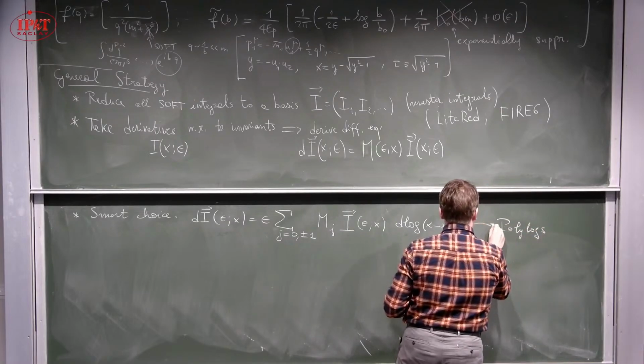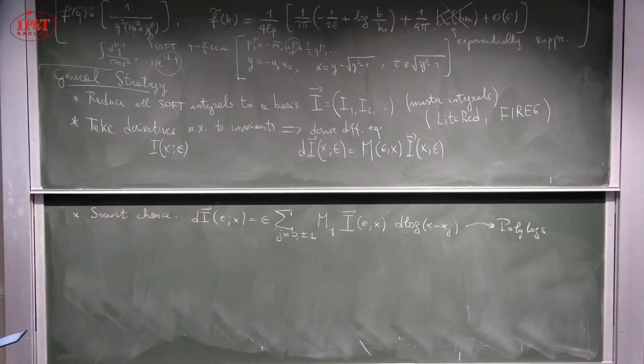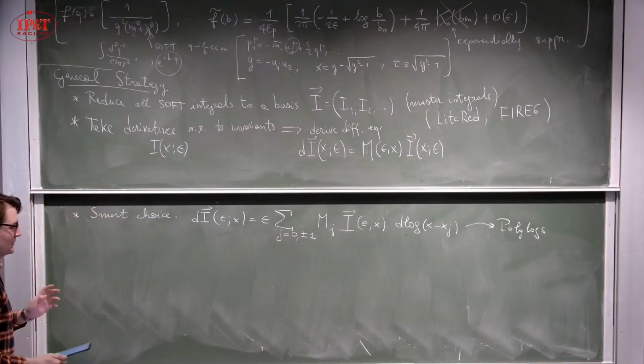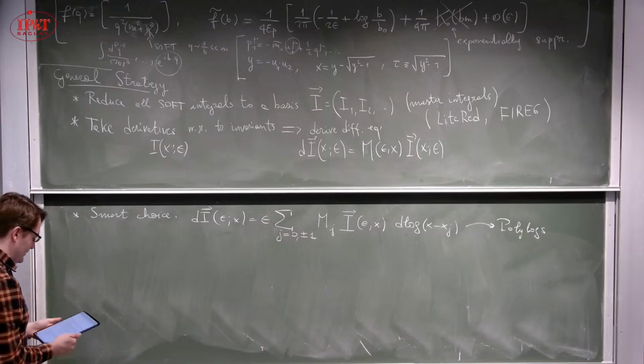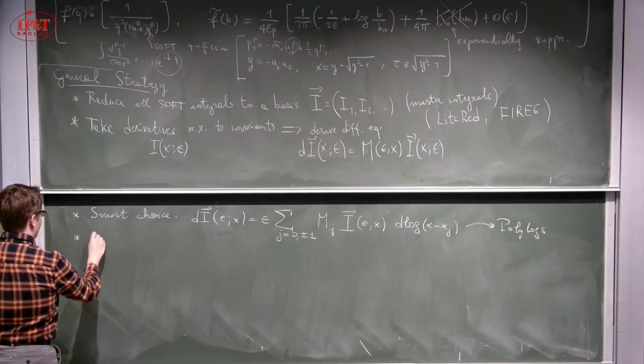Okay, here there are many caveats. For instance, you could ask, is it guaranteed that you can always do that? Are they always going to be polylogarithms? Well, the answer is no. But if you can, this is very powerful because you basically trivialize the problem up to one thing, which is to fix the boundary condition of the differential equation.